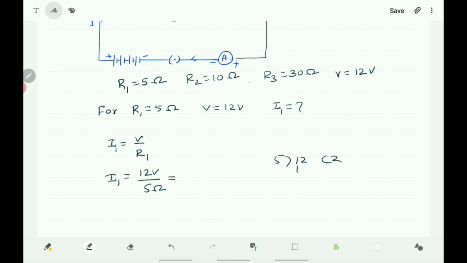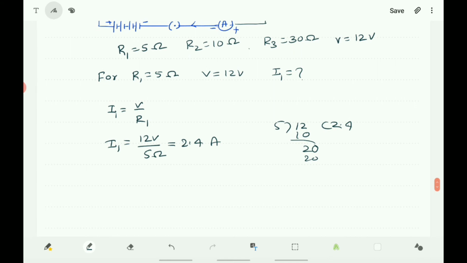Know that 5 2s are 10, 2 is remaining here, so you put, that is 5 4s are 20. So it becomes 2.4 amperes. So I1 is equal to 2.4 ampere. That is, the current through the first resistor of 5 ohm is 2.4 A.